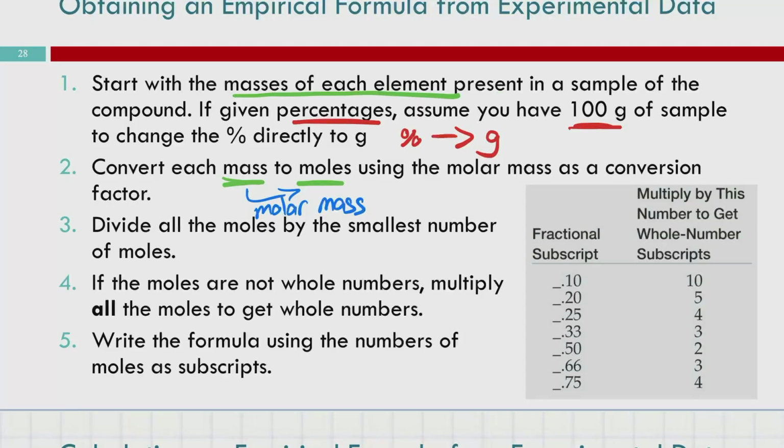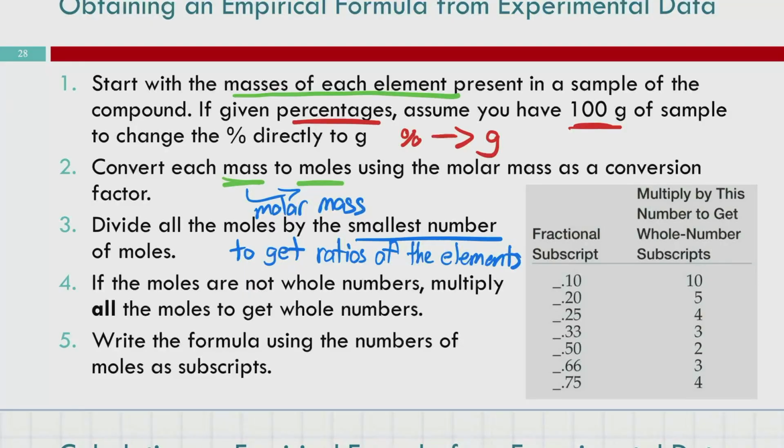Then to get a ratio, we divide all the moles by the smallest number of moles. Technically, you can do it by any of the numbers of moles. It's easiest, probably for all of us, if we divide by the smallest number of moles. So this will give us ratios of the elements relative to the one that we've got the smallest.